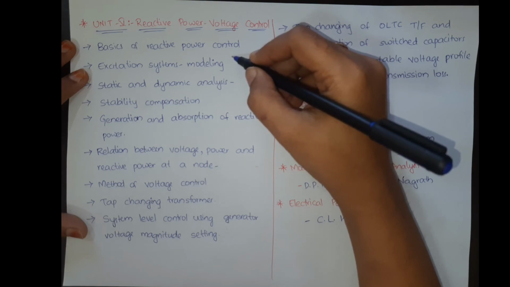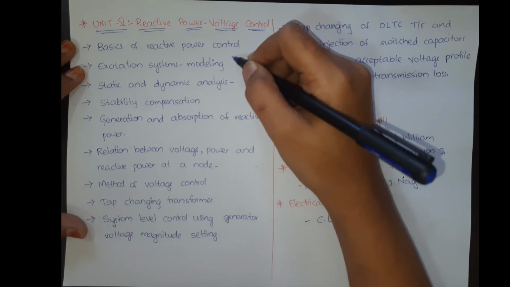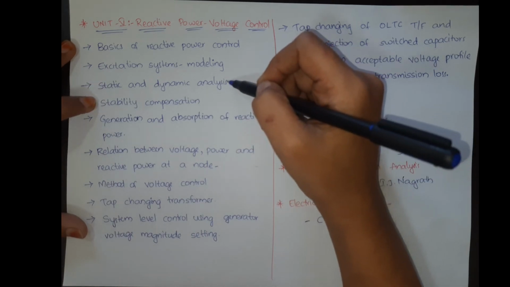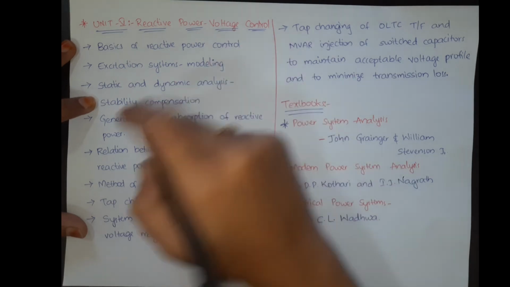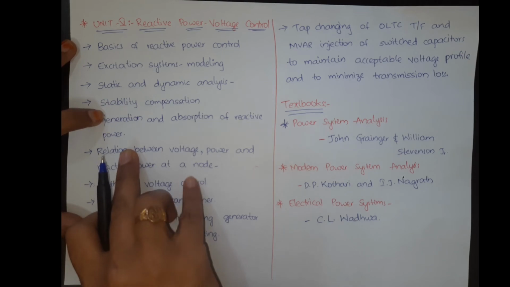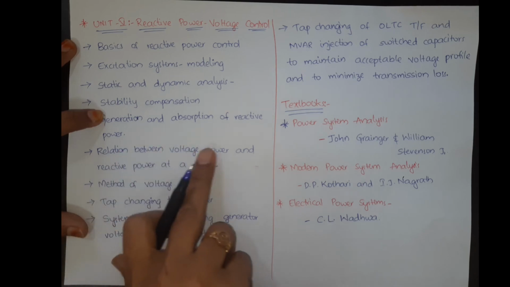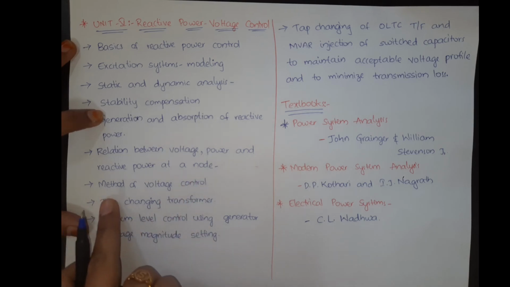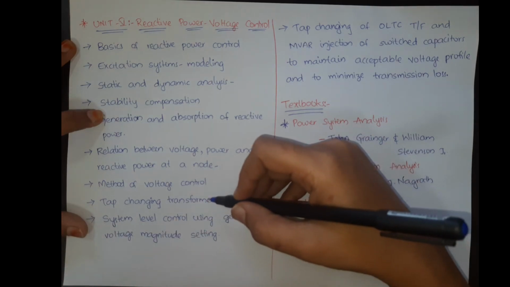So how these excitation systems are handled and the modeling of the systems, and their static and dynamic analysis, and if there is any stability problem, how to compensate it, and generation and absorption of reactive power, how this generation and absorption of reactive power takes place in a power system. Also the relation between voltage, power and reactive power at a particular node, that we will be studying, and how to control the voltage, methods of voltage control, that is by using a tap changing transformer.